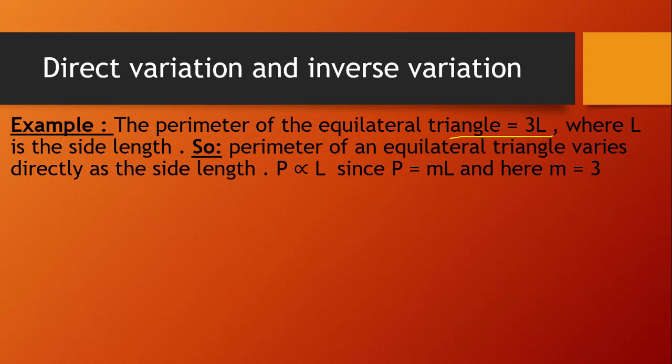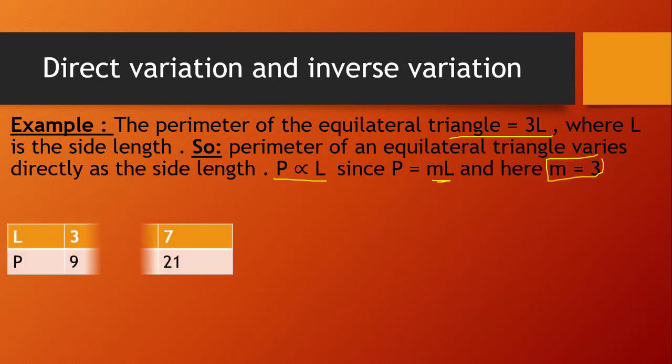So in this case, the perimeter P directly varies as L. It means P equals constant times L, and this constant here is 3. So m equals 3. If the side length equals 3, the perimeter will be 9. If the side length equals 5, the perimeter will be 15. If it equals 7, the perimeter will be 21.